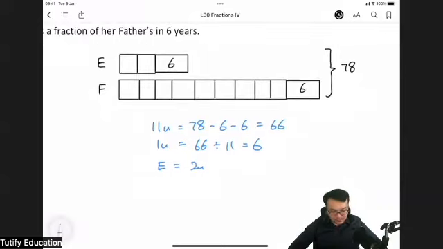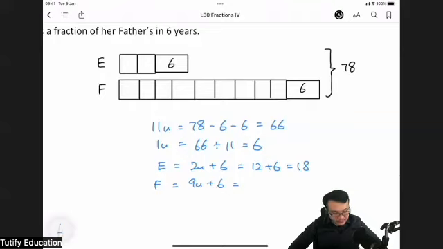Plus 6. Okay, good. And that will give us how much? Two units is 18. Yeah, 18. Now let's take a look at her father. Her father is how many units plus how many? 9 units plus 6. Good.